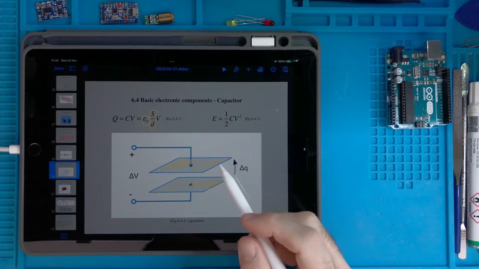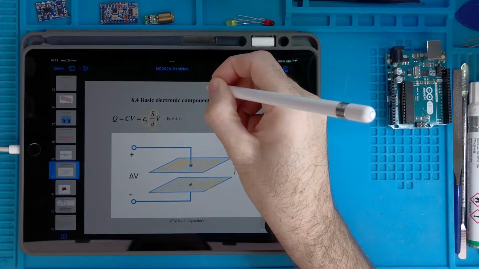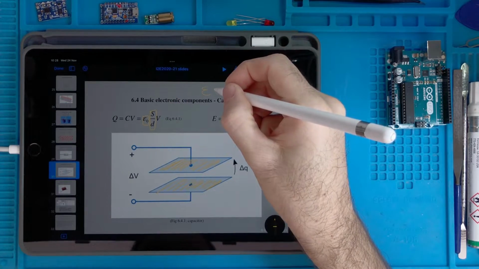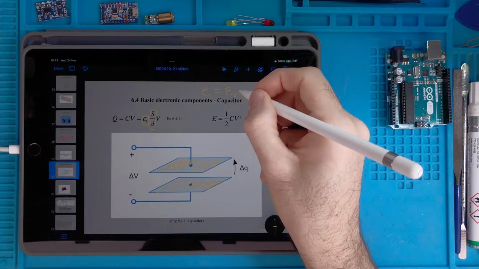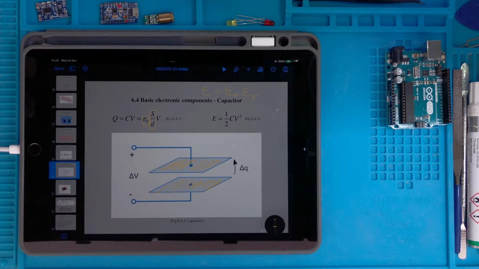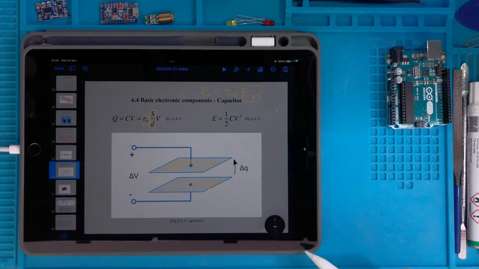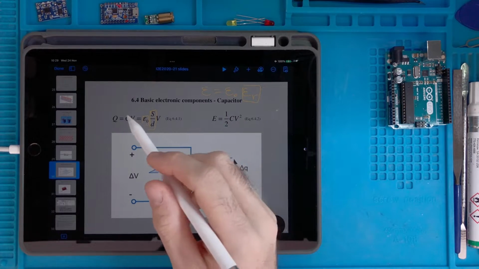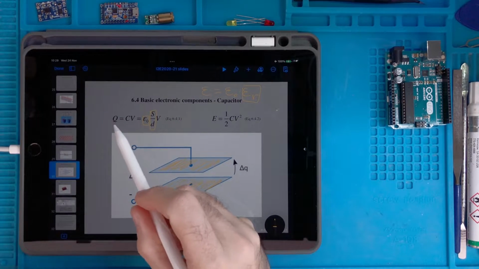In this case 0 means we have a vacuum, but if we have an insulator material, epsilon 0 should be replaced with epsilon 0, the dielectric constant of the vacuum, multiplied by epsilon r, the relative dielectric permittivity, which is a parameter that comes with the type of insulator we have. So if we have distilled pure water, that one will have a certain epsilon r, and this is connected to this formula, giving us the capacitance and therefore the charge.